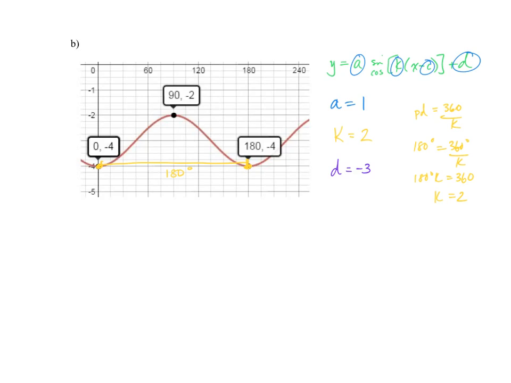Okay, we're back. As I'm working my way through this, where is the beginning of my curve? The beginning of my curve starts at a bottom. None of my trig curves start at a bottom.